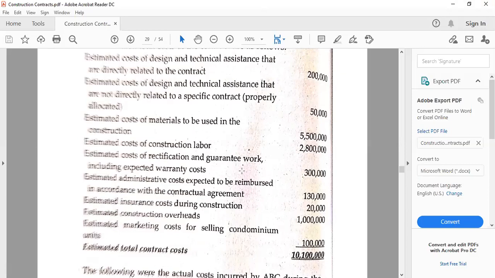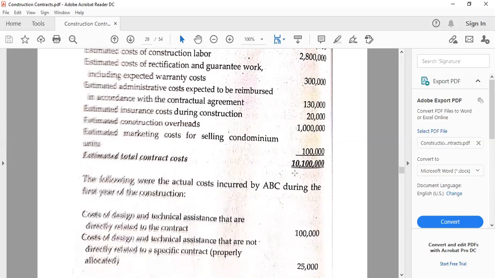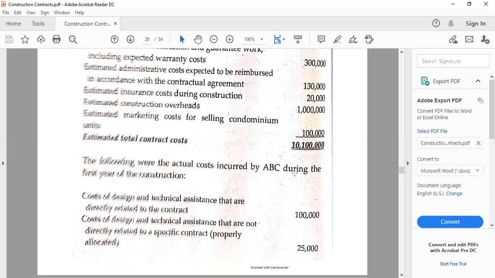So this is a reimbursable type of estimated administrative costs, so they have to be included for the purpose of computation of percentage of completion. Then insurance, yes. Construction overheads, yes also. So marketing costs will have to be excluded so that the denominator would be 10 million pesos.